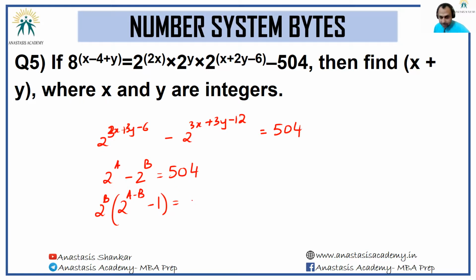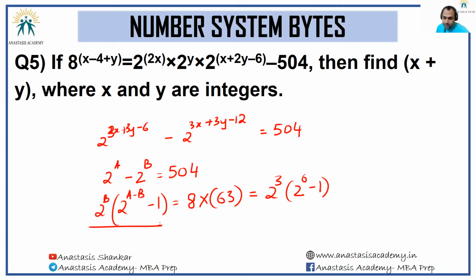We get 8 into 63, or even this 63, can we write it as 2 cube into 2 raised to the power 6 minus 1? Look at the expression on the LHS, look at the expression on the RHS.